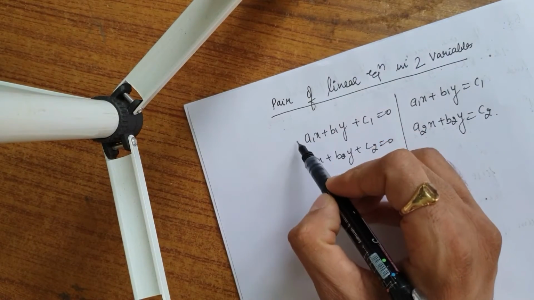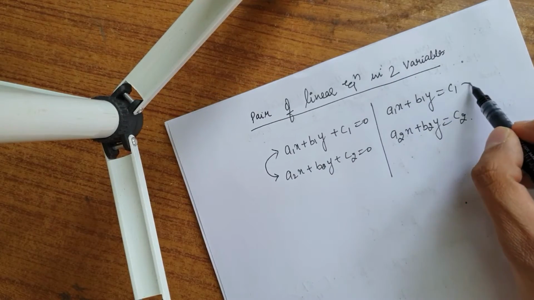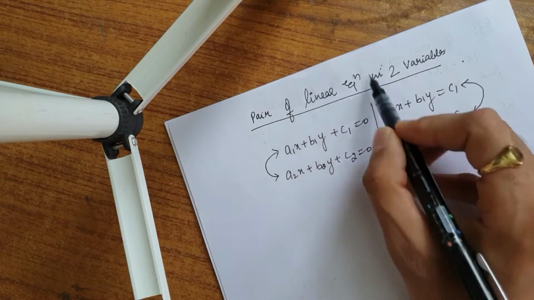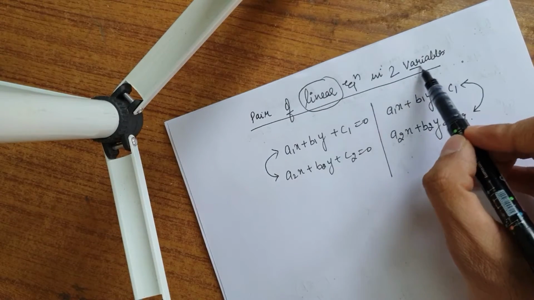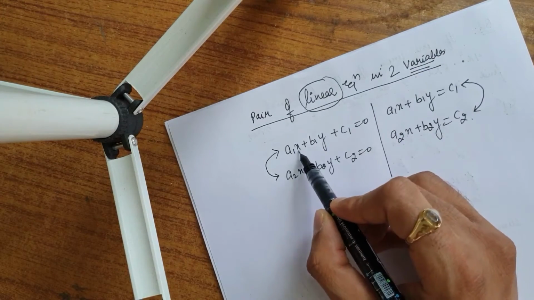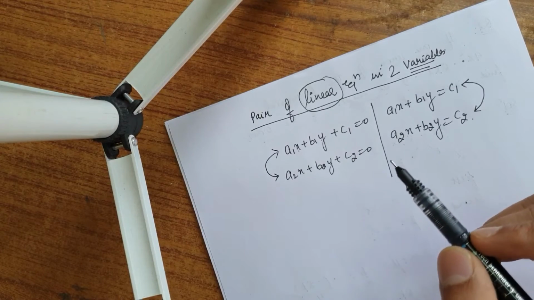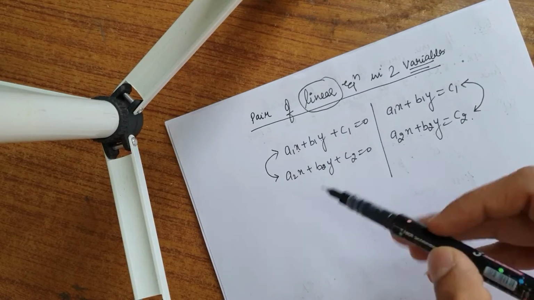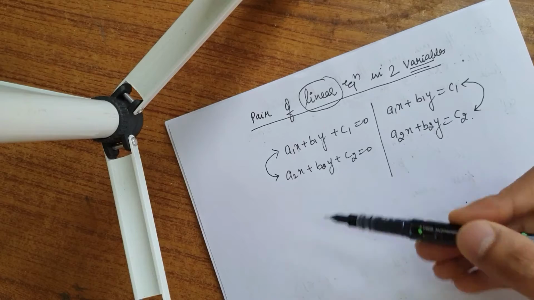Now understand the concept. Pair means it will be in pair of 2, meaning the equations will be in pair of 2. Acha. Linear equation, what do you mean by linear? The two variables here are x and y. Variables means which vary. For example, if I keep changing the values of x and y, I will get a new equation.